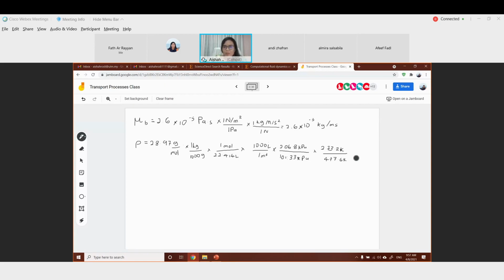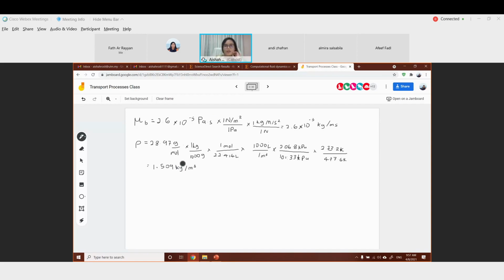So 273.2 K and 101.33 kilopascal are the standard temperature and pressure. Okay, so you can get 1.509 kilogram per meter cube. So this is the density.